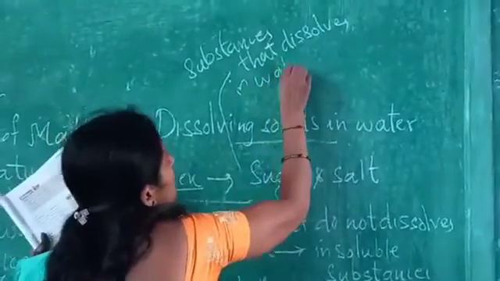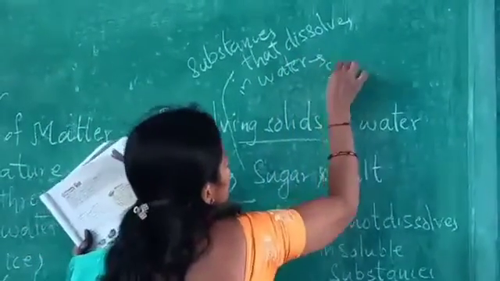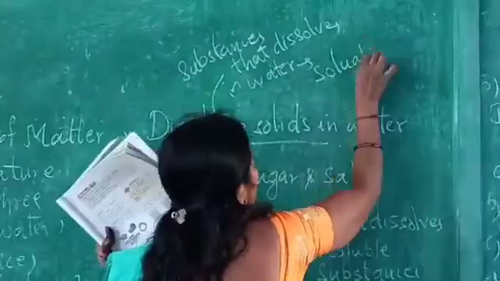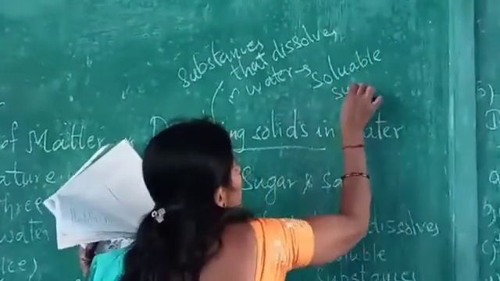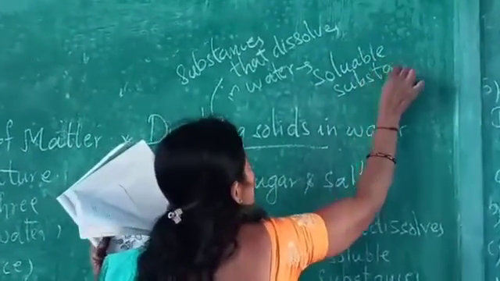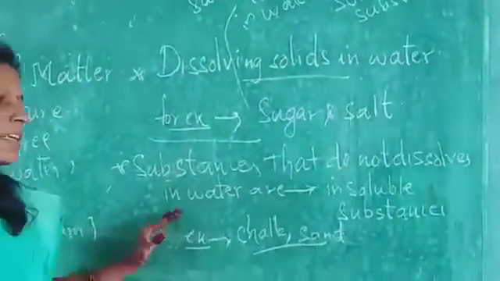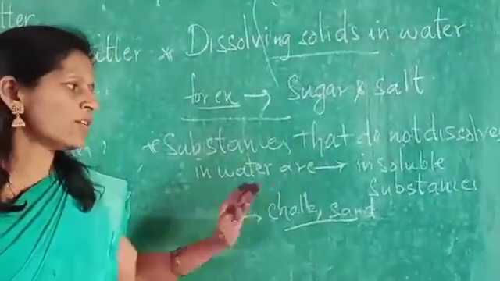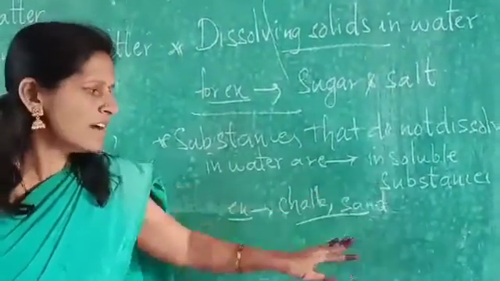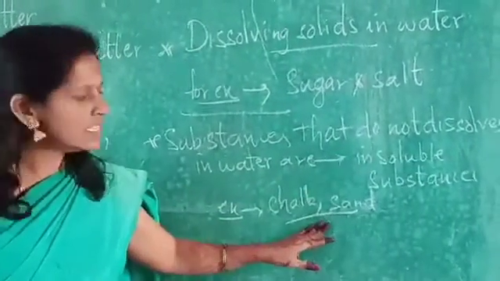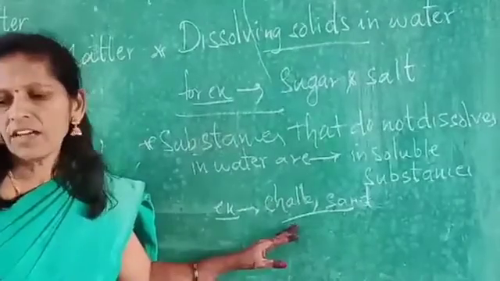They are called soluble substances. Yes or no? Yes, soluble substances. The examples are sugar and salt. And these do not dissolve. They are known as insoluble substances. For example, chalk piece and sand. They cannot dissolve in water.